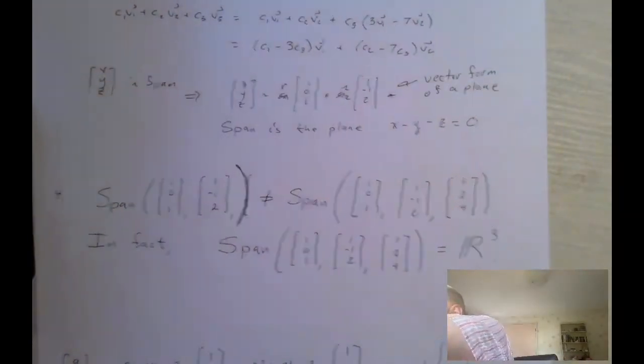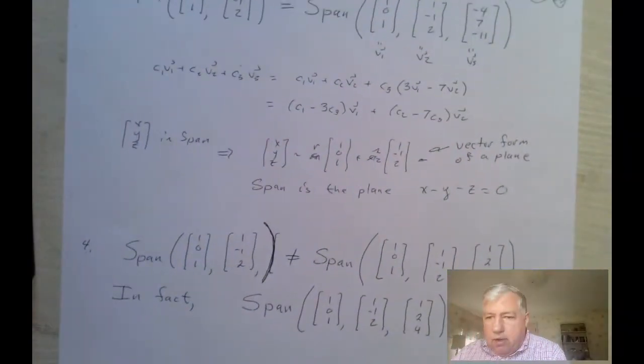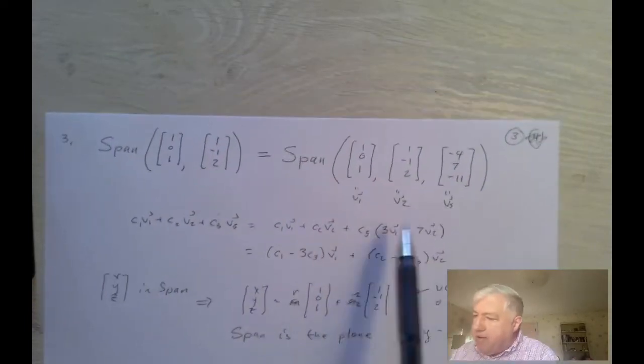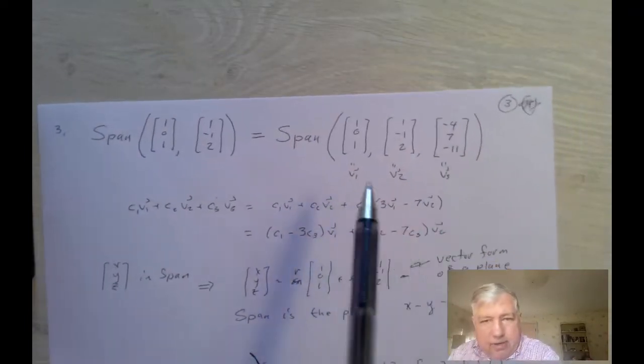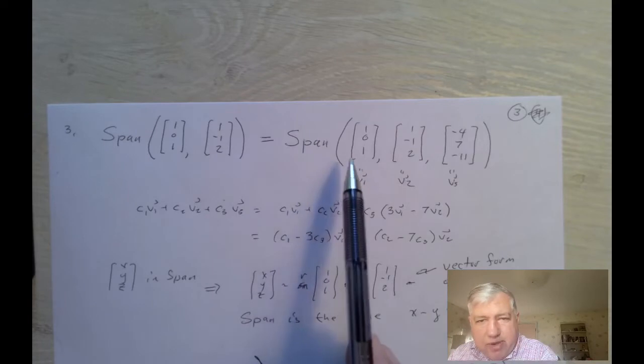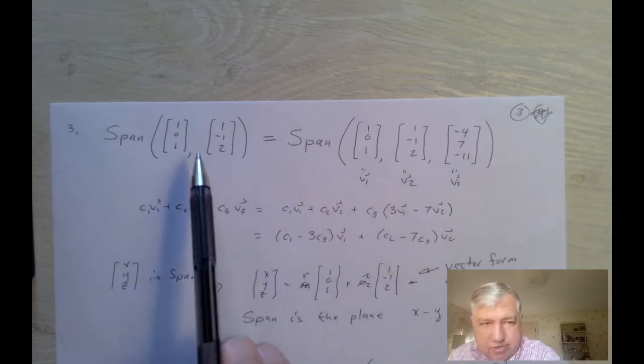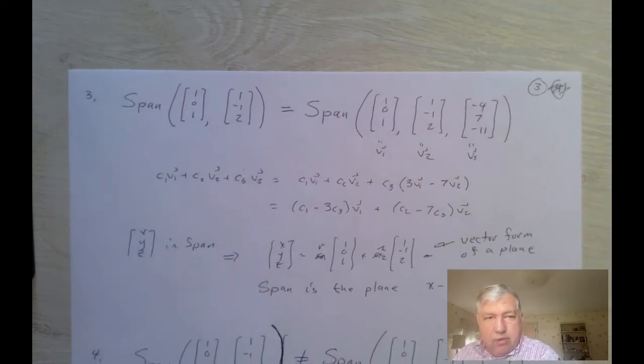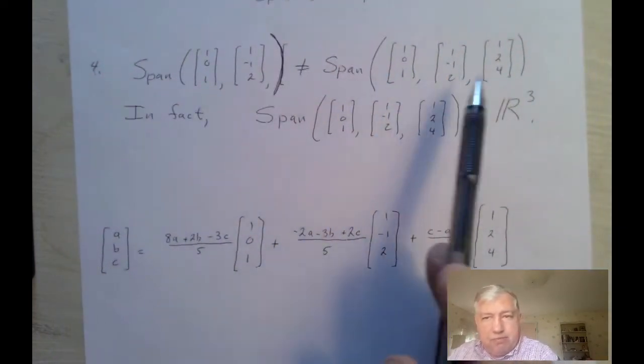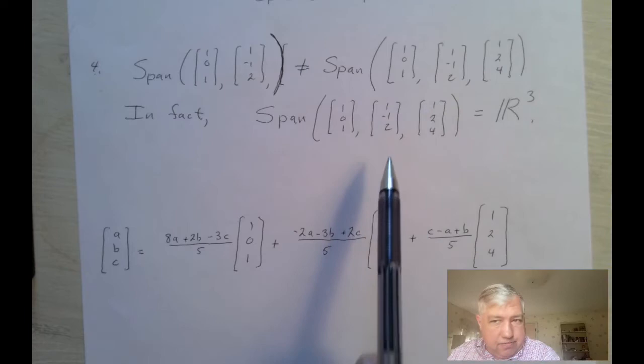Getting back to the example here, we can see that in both cases we had a span of 3 vectors, and the span of these 3 vectors was two-dimensional, whereas the span of these 3 vectors was 3-dimensional.